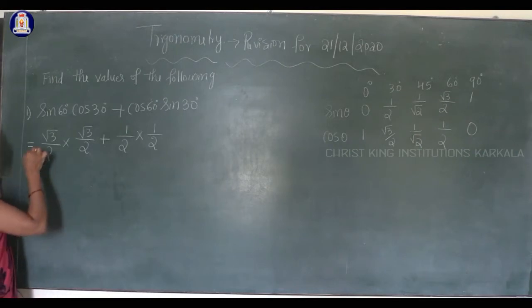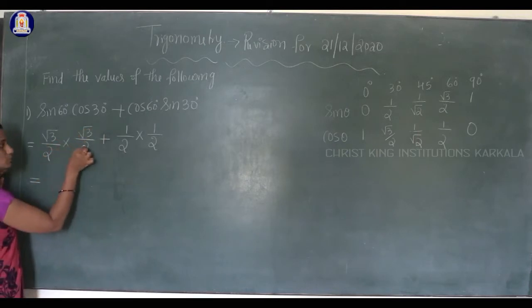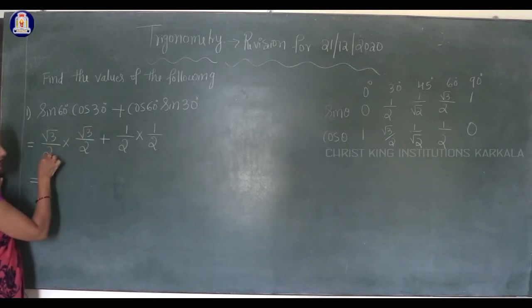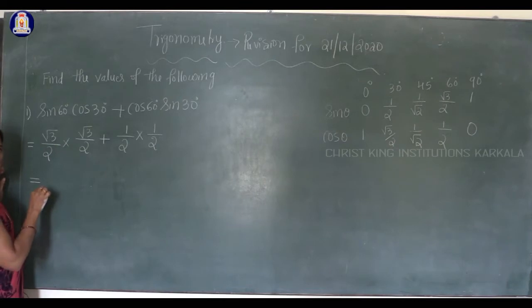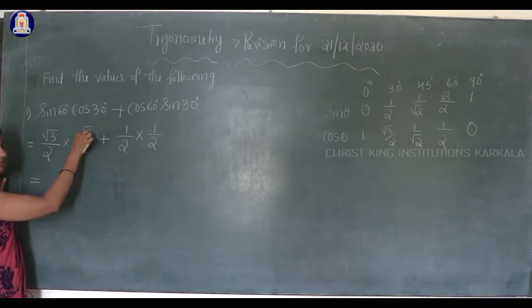So here, root 3 by 2 into root 3 by 2. These two are multiplication. If it is multiplication, we can multiply numerator with numerator and denominator with denominator.